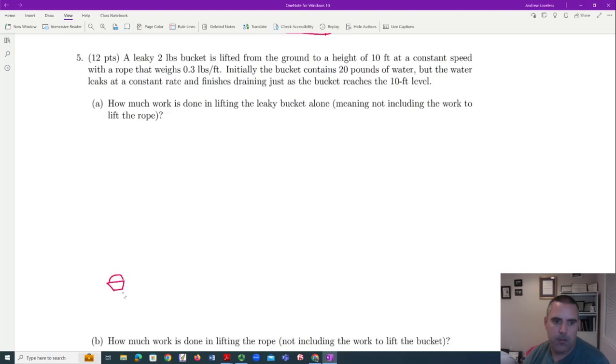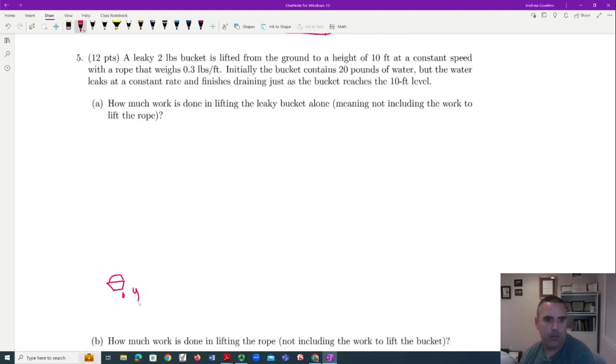So here's the start. It's leaking. You can set this up however you want. If you decide you want to call the ground 0, maybe I'll use, just to emphasize, you can do whatever you want. Maybe I'll label the ground y equals 0, and I'll label the top y equals 10.